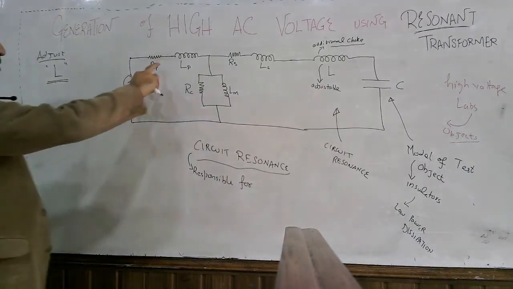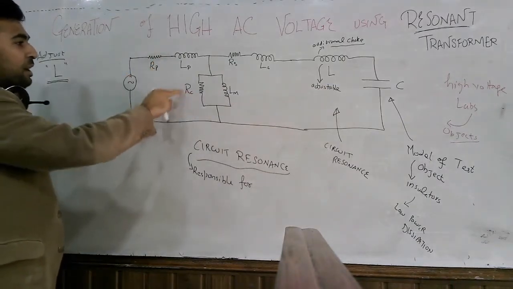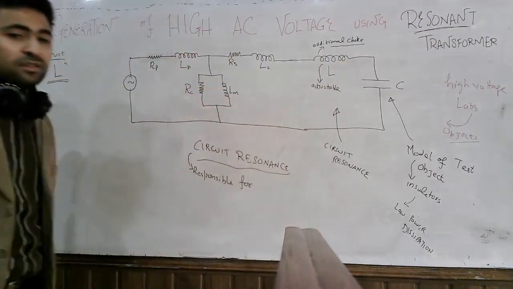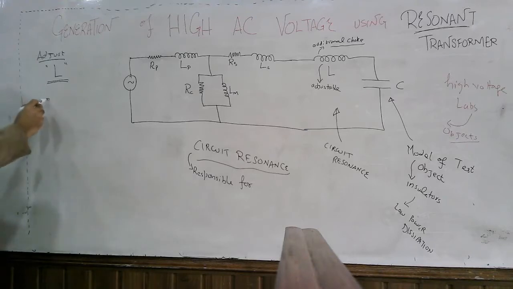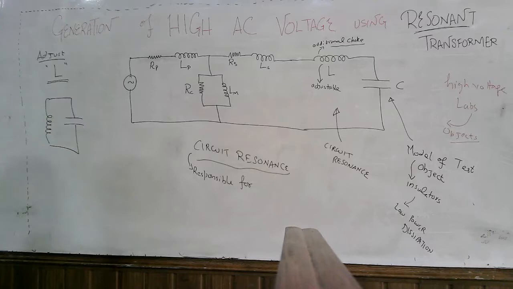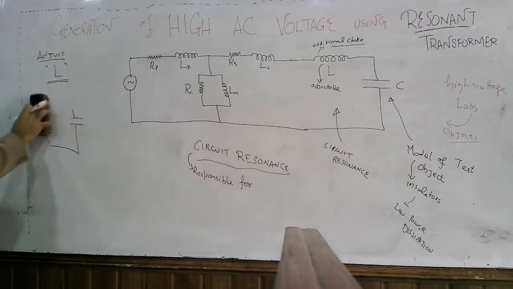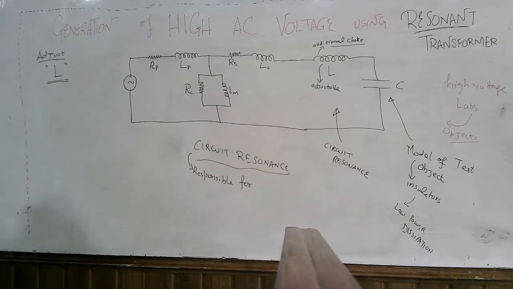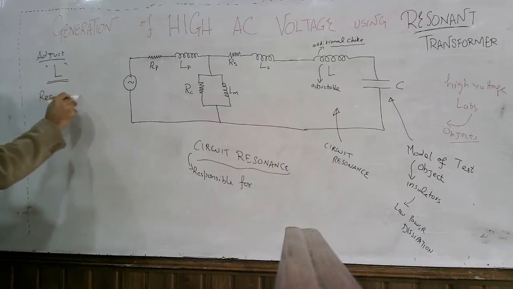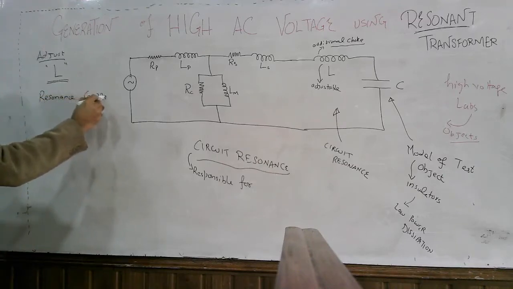Ignoring these resistances because they are very low in value, we are left with the inductance and capacitance, so the circuit is just like an LC circuit. And when the circuit is in the resonance condition, what happens?